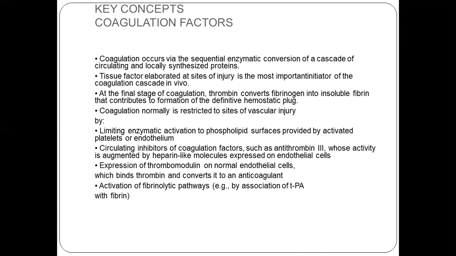At the final stage of coagulation, thrombin converts fibrinogen into insoluble fibrin that contributes to the formation of the definitive hemostatic plug. Coagulation normally is restricted to the sites of vascular injury by limiting enzymatic activation to the phospholipid surface provided by activated platelets or endothelium. Circulating inhibitors of coagulation factors such as antithrombin 3, whose activity is augmented by heparin-like molecules.